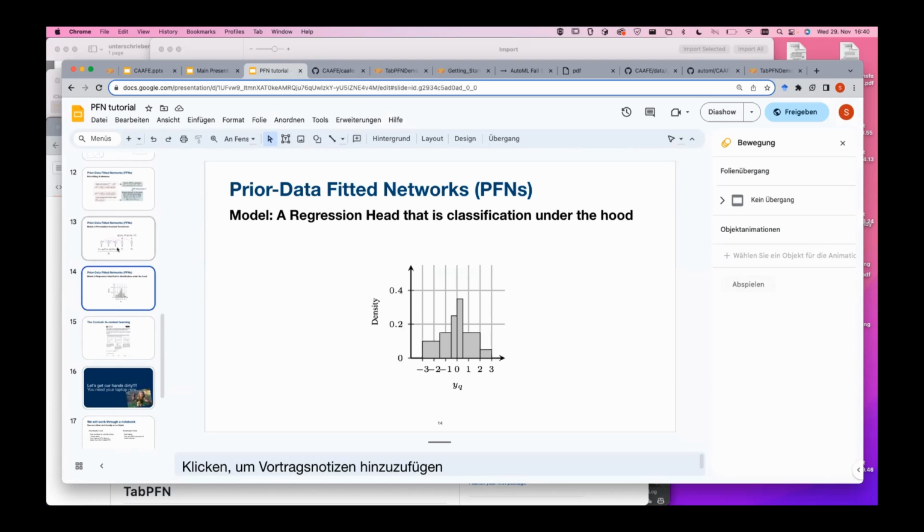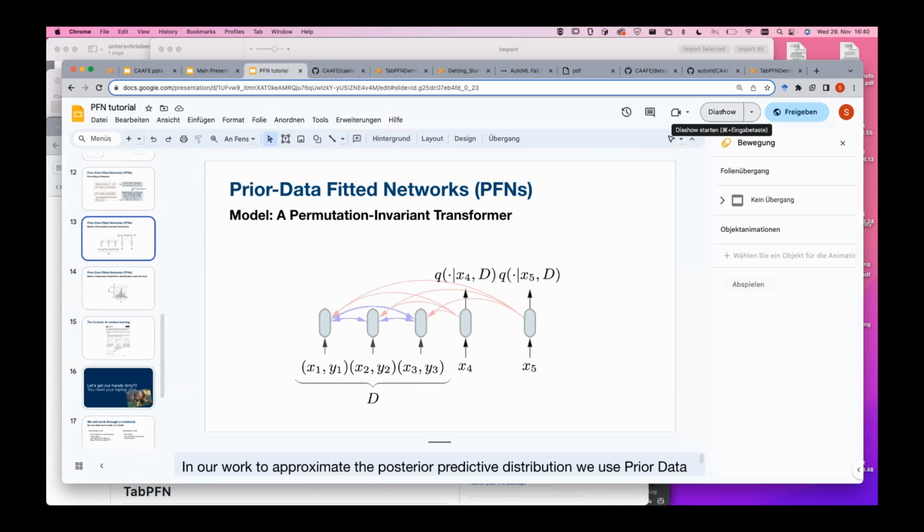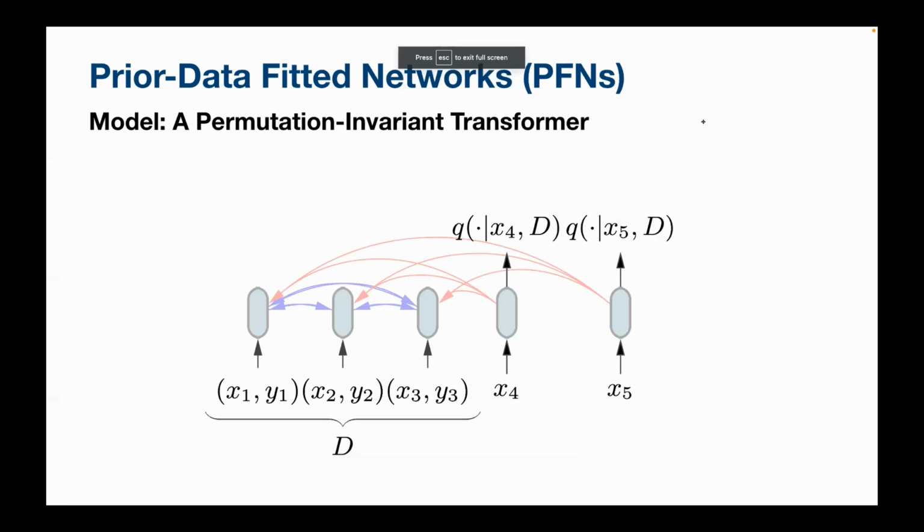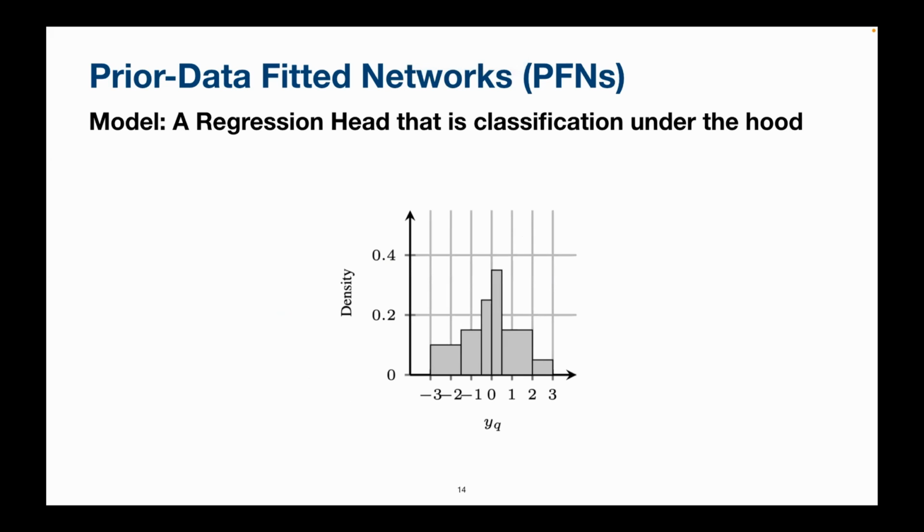What we will do now is train the architecture that I talked about before in a little notebook. We will now do regression, though TabPFN can't do regression. What we found works better than predicting a single output is to discretize the output range and predict the probability mass that falls into each of these buckets.